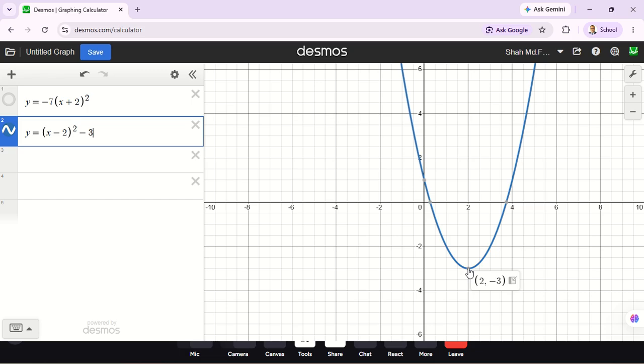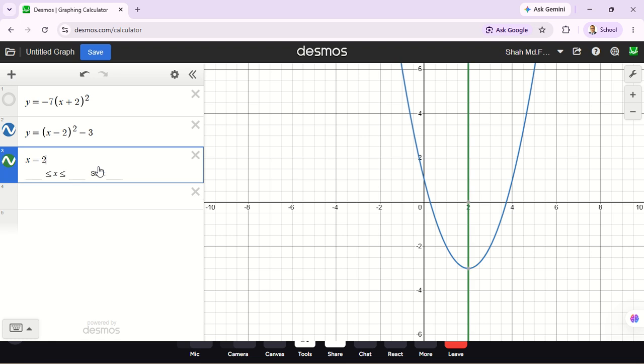Okay. So that means this line which passes through the vertex point is called the axis. That means the equation will be x equals 2. Look at the green line here.